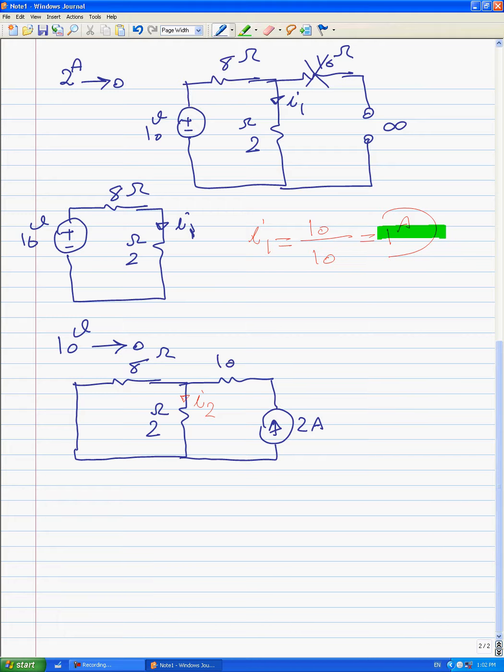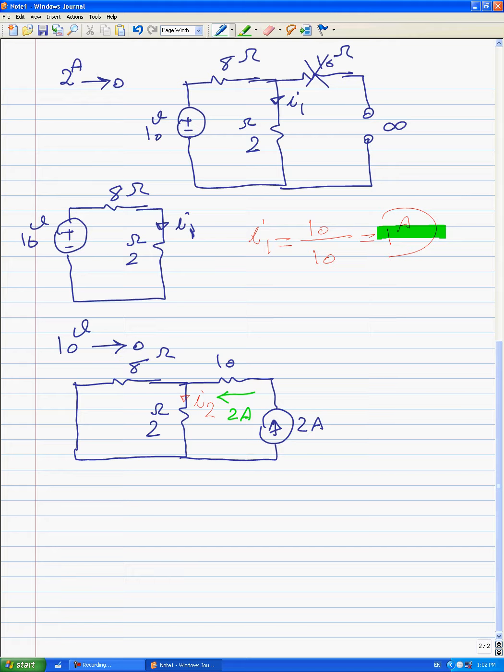Now, how can we find I2? This current is 2 amps, and we can use the divided current rule.